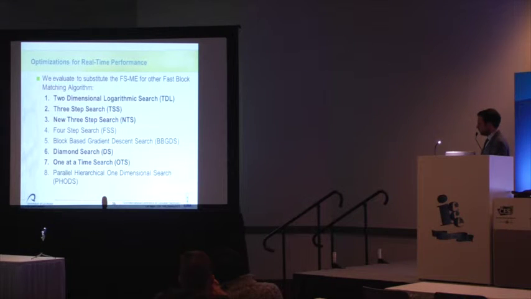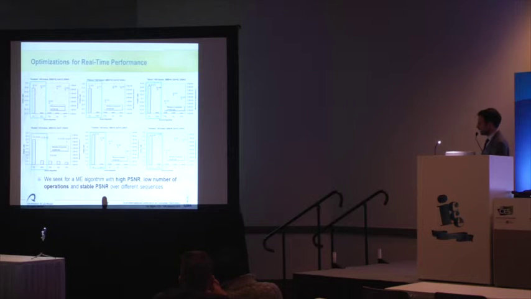We perform a study of different fast block matching algorithms. The ones involved are the ones that we studied finally, these 5 approaches. And what we wanted is, of course, not only an algorithm with a low number of operations, but with something with a high and stable PSNR.